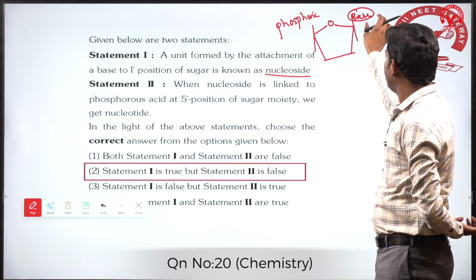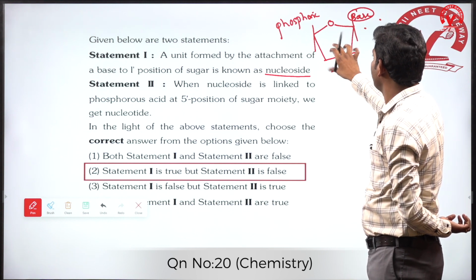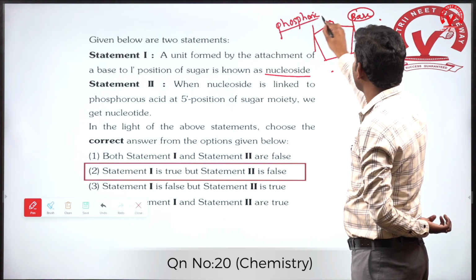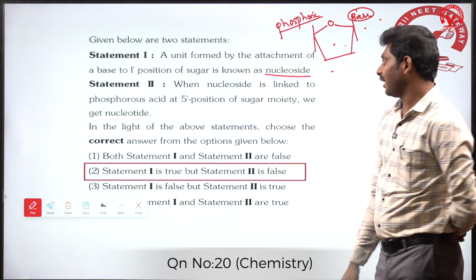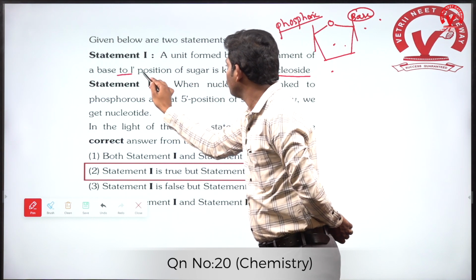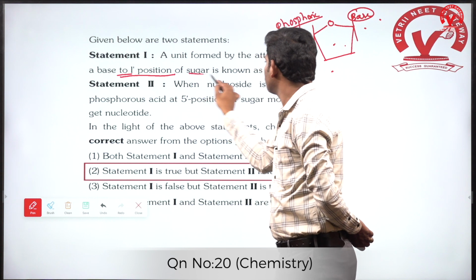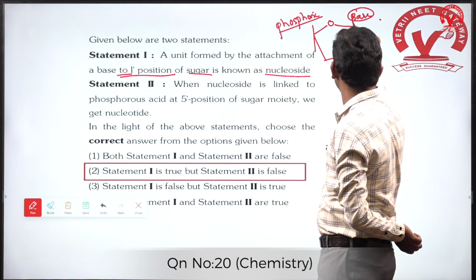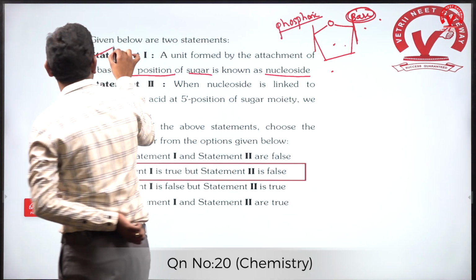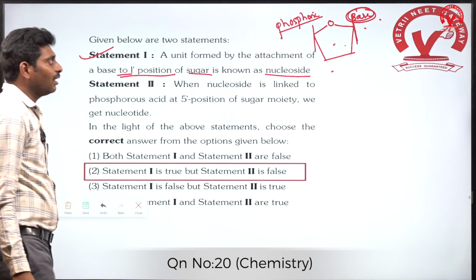Only base and sugar means nucleoside, and phosphoric acid at the fifth position means it is a nucleotide. So a unit formed by the attachment of a base to the first position of sugar is called a nucleoside. So statement 1 is correct.